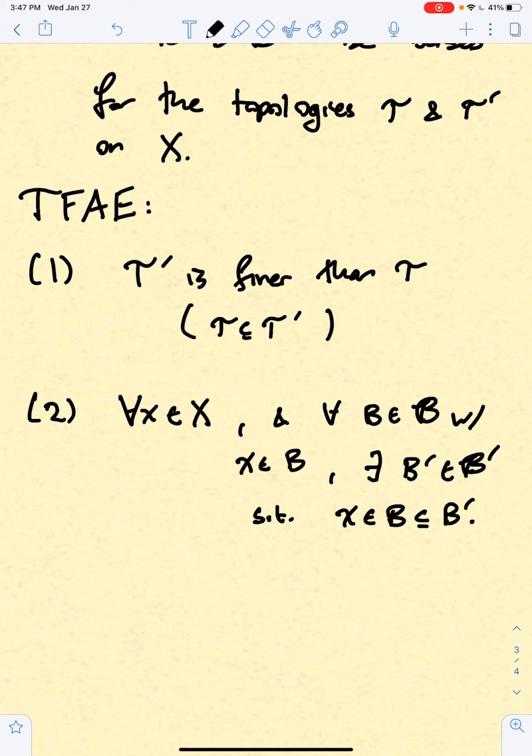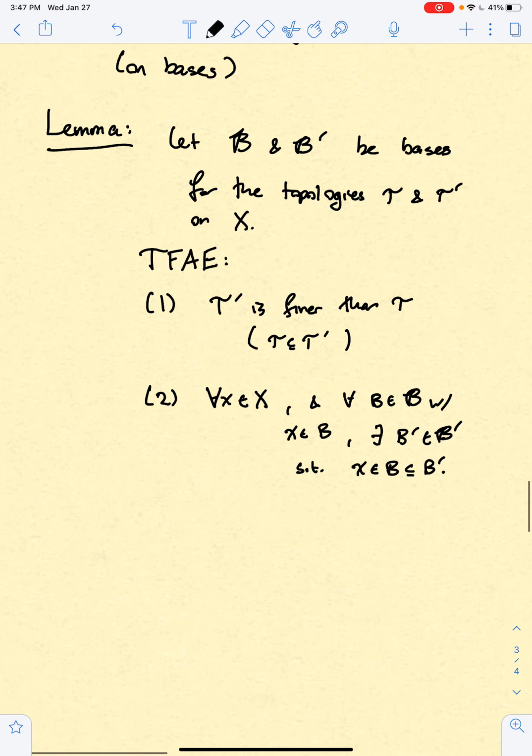So this is just saying, I can always find another basis element containing my point. So these two are equivalent.